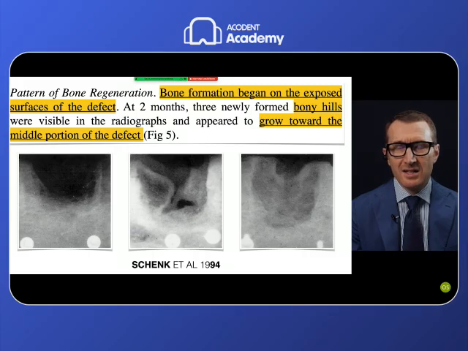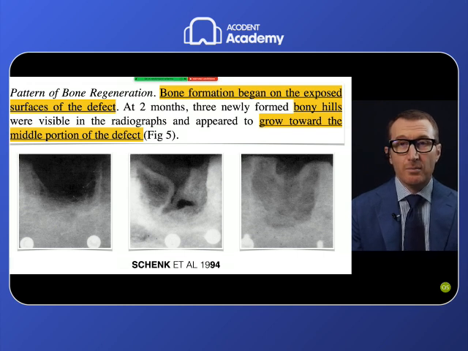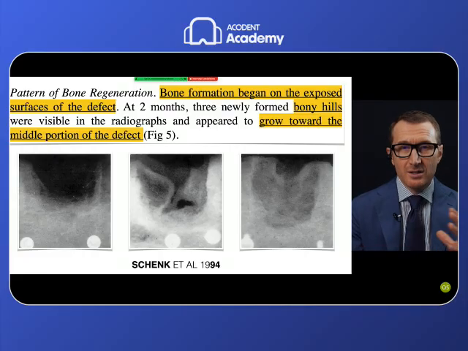And in this case, you can see 3 walls, 1 mesial, 1 distal, and 1 on the bottom, the floor of the defect. And we have 3 heels growing towards the middle and reaching each other in the middle, completing the bone formation and regeneration. It's a sort of wave starting from the walls of the defect. And why starting from the walls of the defect?